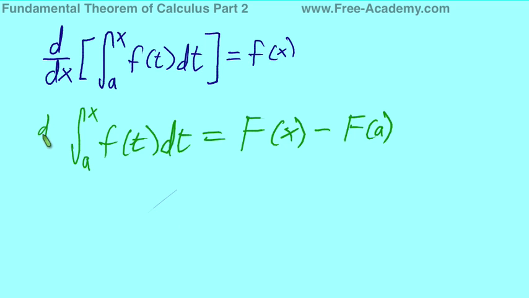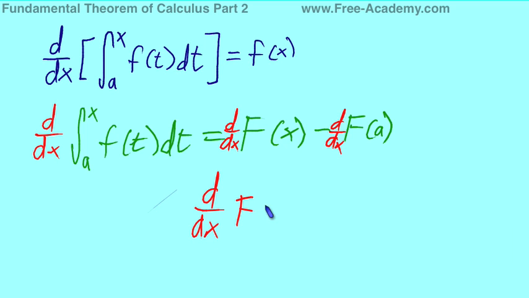Now if we take the derivative, let me switch the color here. If we take the derivative of both sides, then we're going to get the derivative of capital F of x minus the derivative of capital F of a.